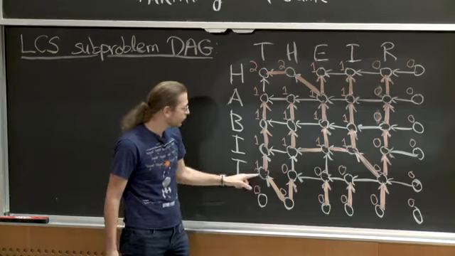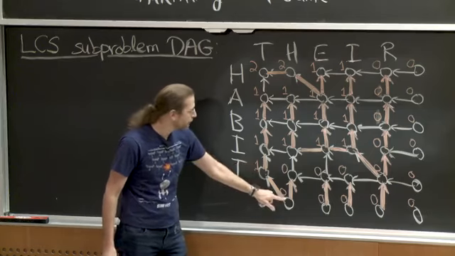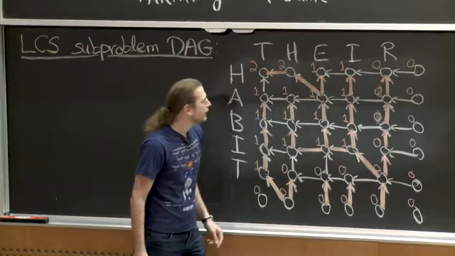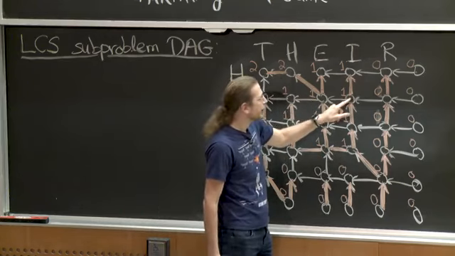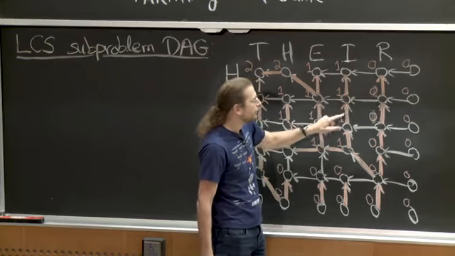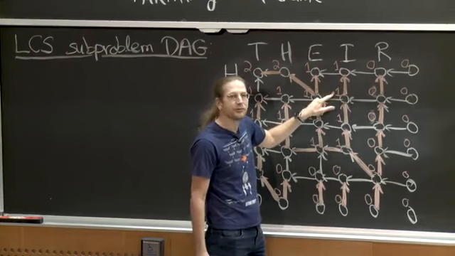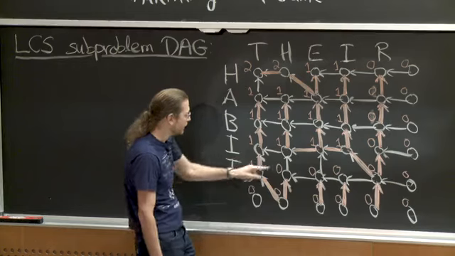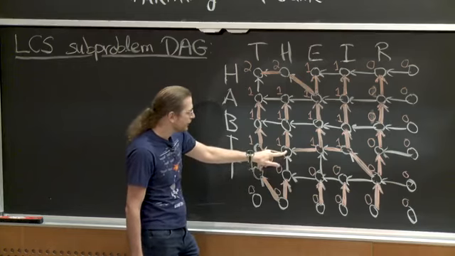So for those, we're getting a 1 plus. You see this 1 is 1 larger than the 0. This 2 is 1 larger than the 1. This 1 is 1 larger than the 0. And for every other vertex, we are recursing this way and this way. We can see what those two numbers are, and we take the max. So this whole diagram is just filled in for each position where they're not equal.